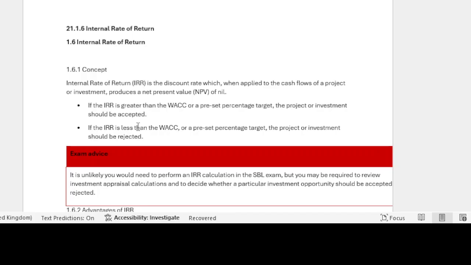IRR is the point where we are at neutral, where the NPV is at zero. So if you did the NPV at 5% and you have a positive NPV, you can increase the rate to, let's say, 10%, get a negative NPV, and then do the computation and get to a point. You keep estimating different rates up to a point where you have the NPV at nil or at zero. So that's how IRR comes about.